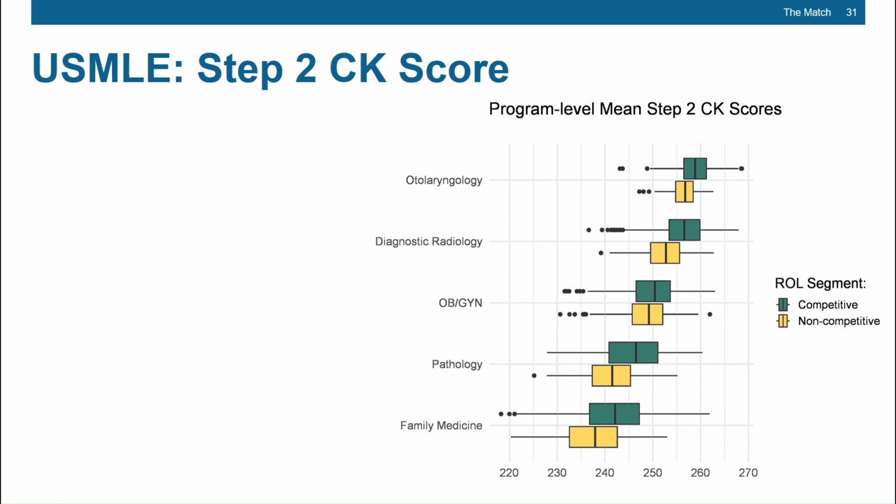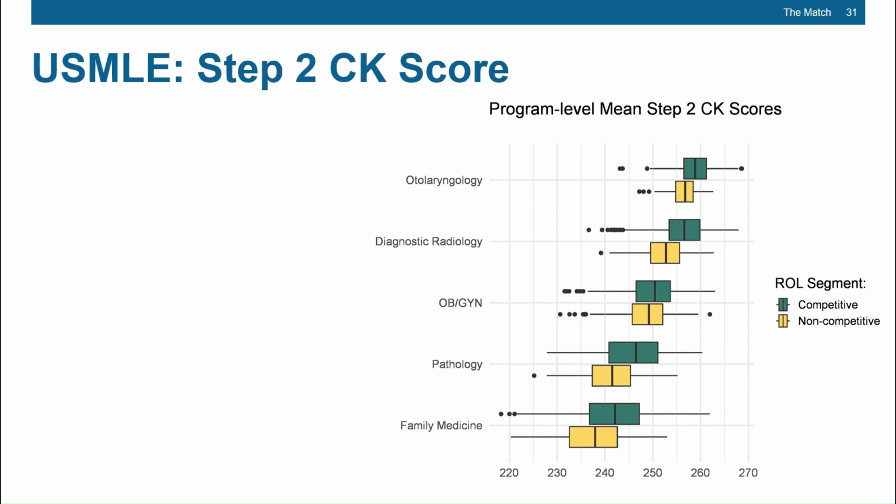Now let's take a look at the program level mean Step 2 CK scores across the 5 specialties, divided into the competitive versus non-competitive rank order list segments. So for each program match year, we calculated the mean Step 2 CK score of the competitive rank order list segment, as shown in the green box, and separately calculated the mean Step 2 CK score of the non-competitive segment, shown in the yellow box.